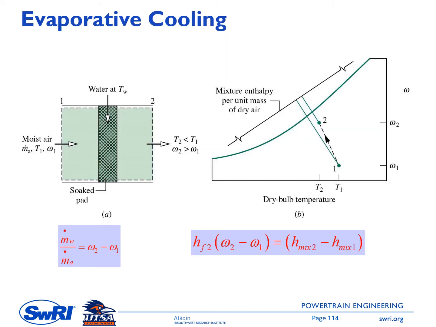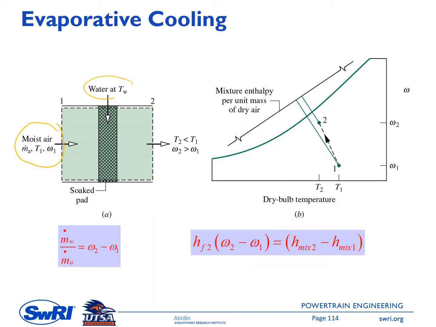Next one is evaporative cooling. The idea for this cooling is pretty simple. We have moist air from the left side with a given mass flow rate, and T1 and omega 1, and then we flow this moist air through a duct, for example, and inside the duct we have a shock pad here.